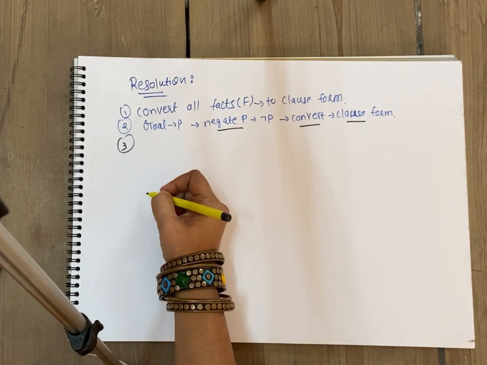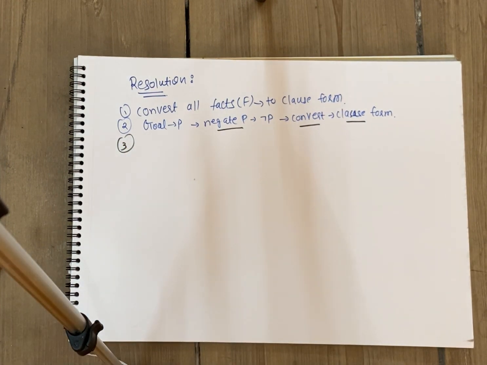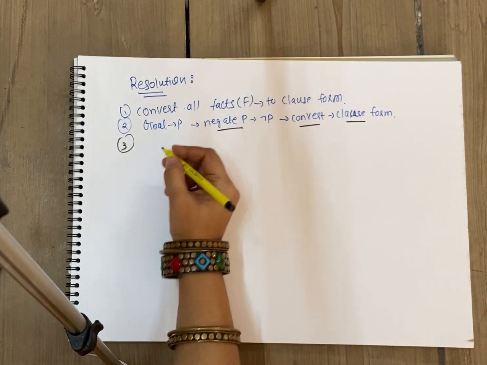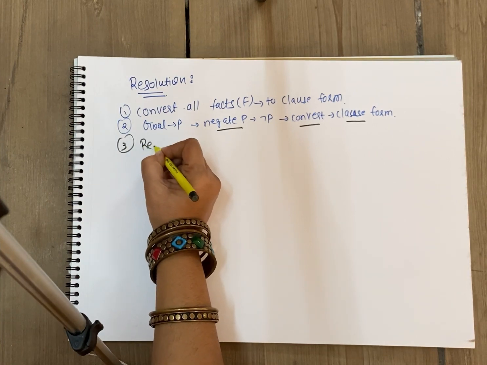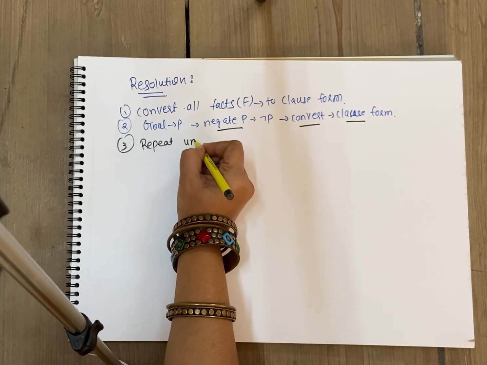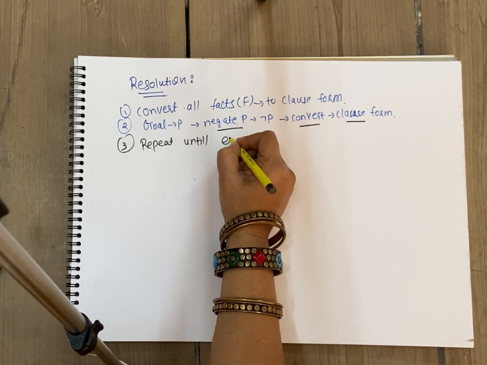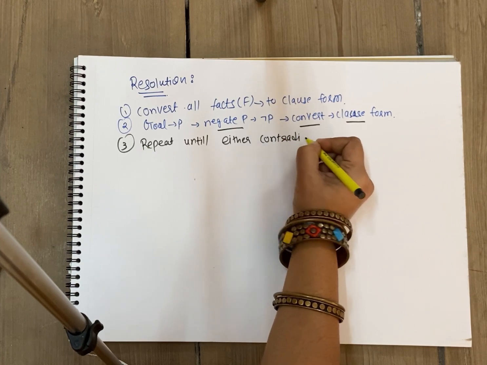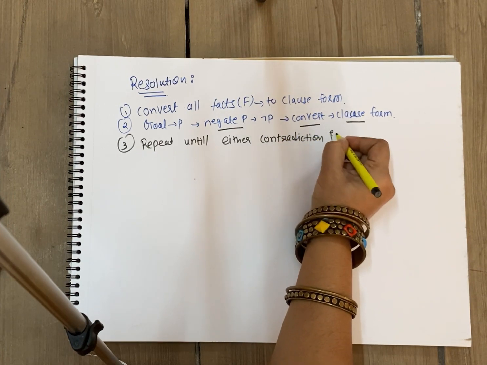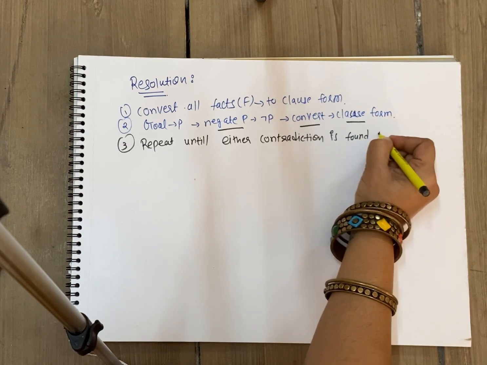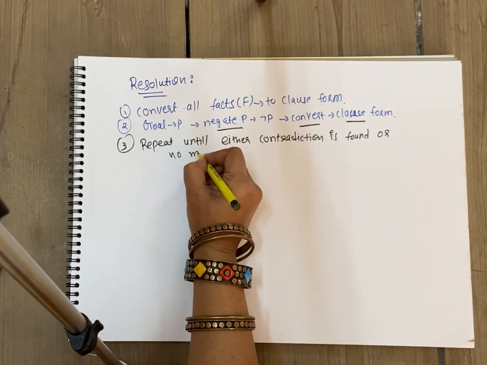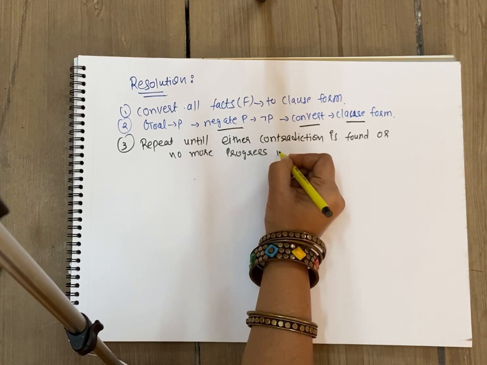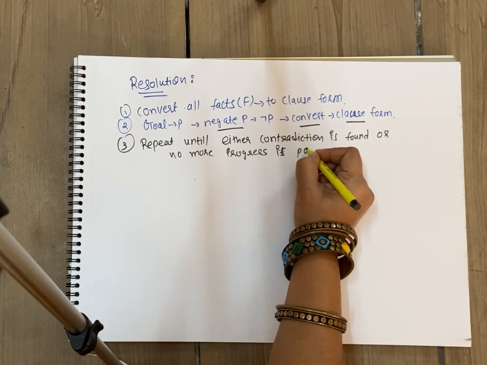What is the third step in the algorithm? Once the goal is available and the facts are also converted to clause form, you are going to have a loop. This loop will keep on moving. Repeat until either a contradiction is found or no more progress is possible.